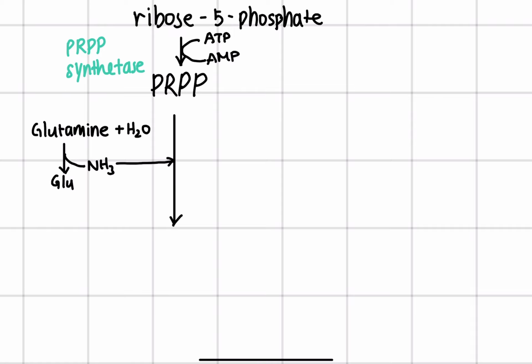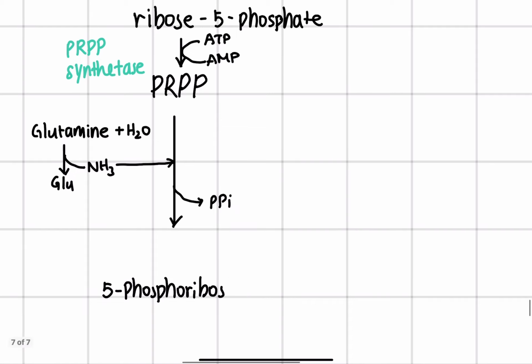You're left with glutamate. And then you get rid of the 2 phosphate group to form 5-phosphoribosyl 1-amine.